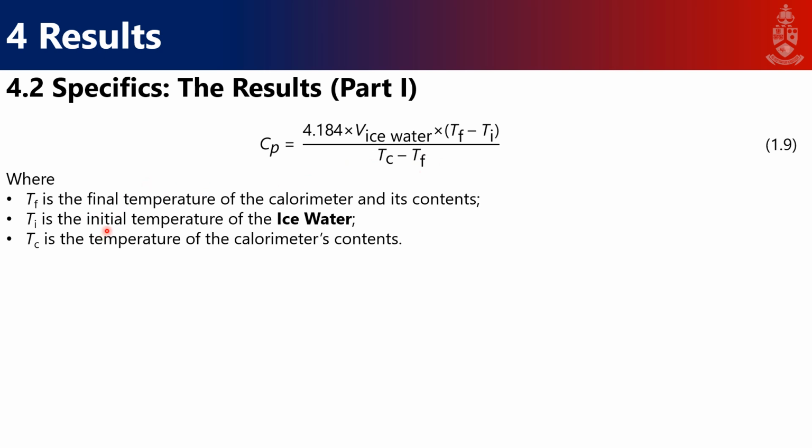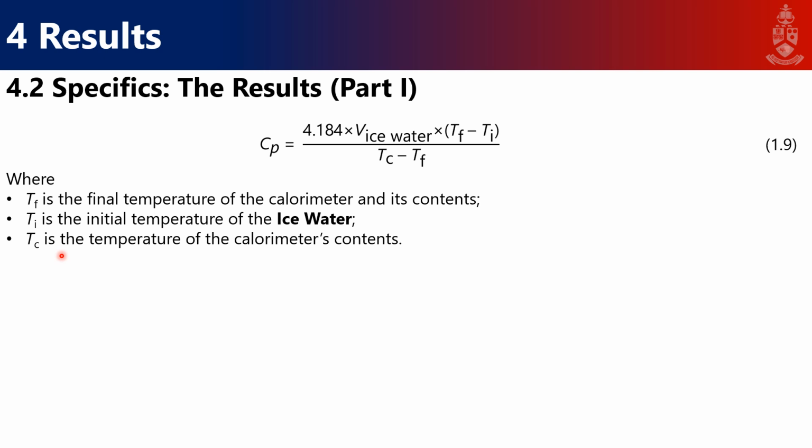Ti here is the initial temperature, but of the ice water, not just the initial temperature of the system. So that's the part where you stick the thermometer in the 100 milliliter measuring cylinder, that temperature. And then Tc is the temperature of the calorimeter's content. In principle, this is the initial temperature of the calorimeter, if you take it like that.